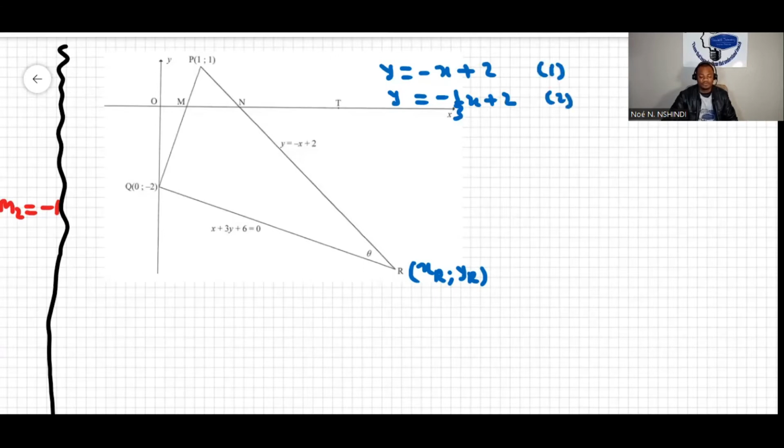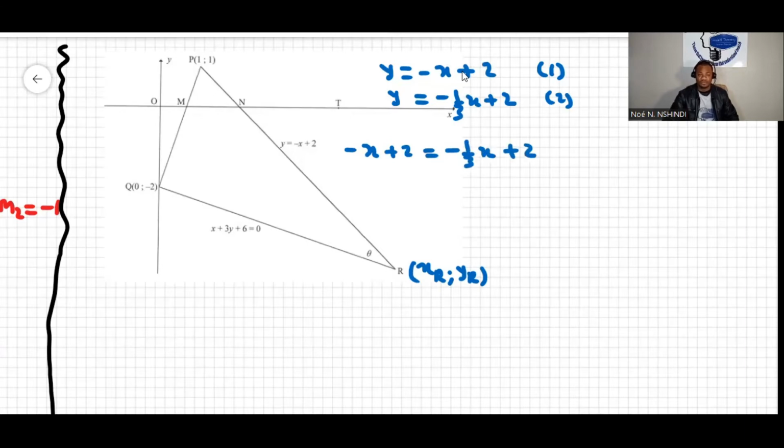Then we can solve, because the two y's are equal, we can just equate the equations. So this makes negative x plus 2 equal to negative 1 over 3x plus 2.